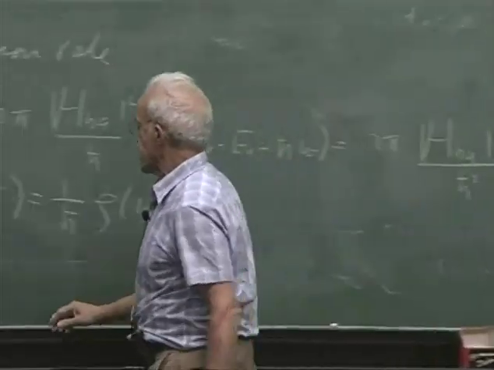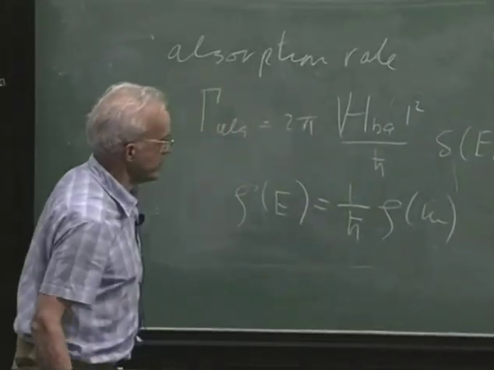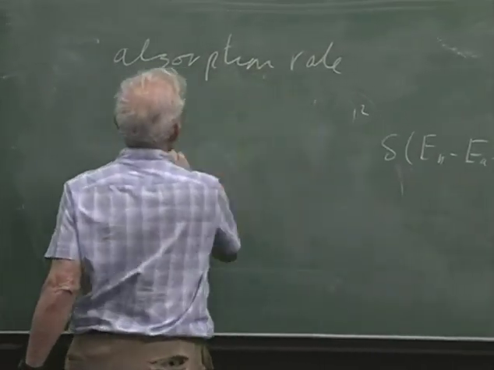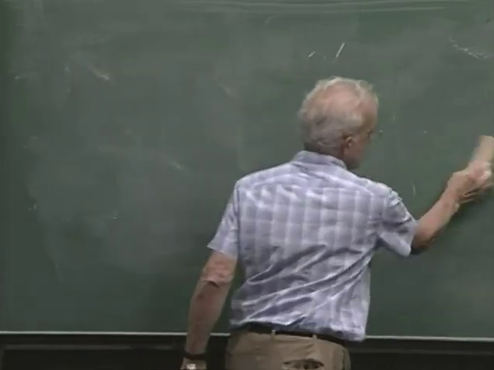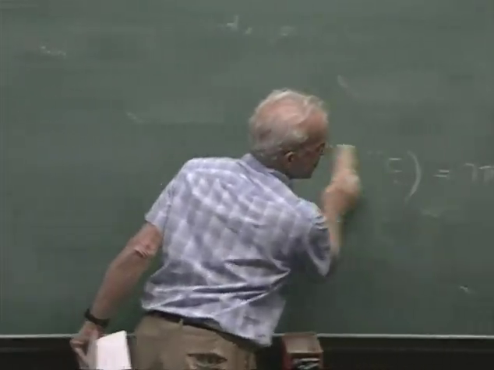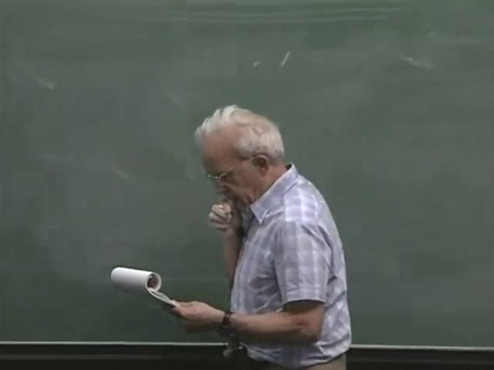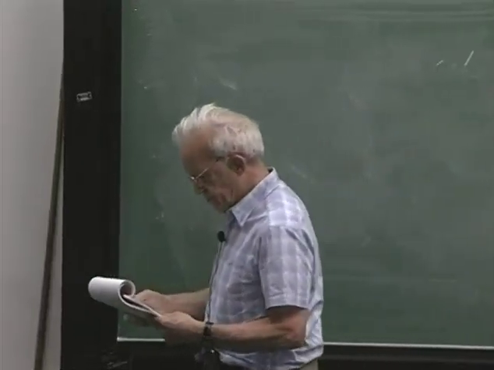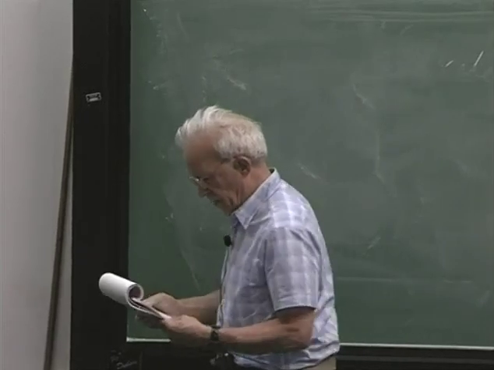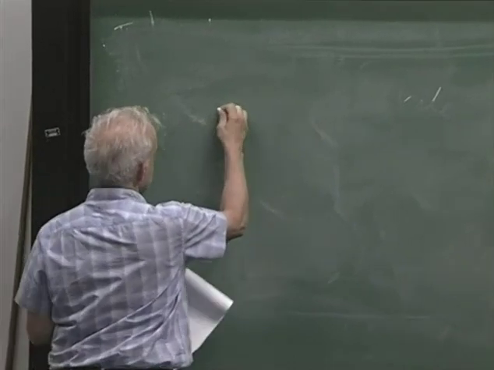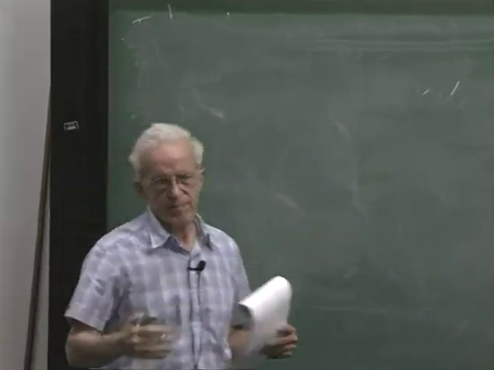Now, n of omega naught is just the density of modes that the atom has for absorbing into. And that can be shown. It's shown in the notes. It's just counting the modes in a box.